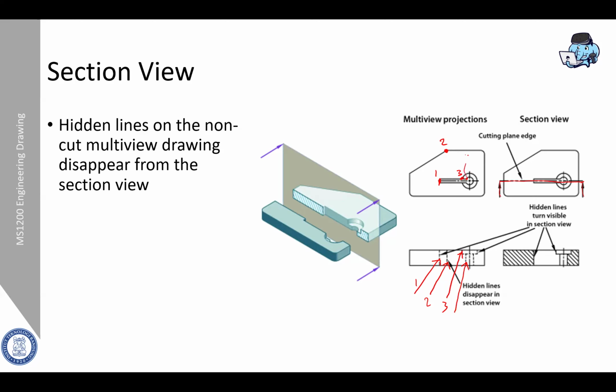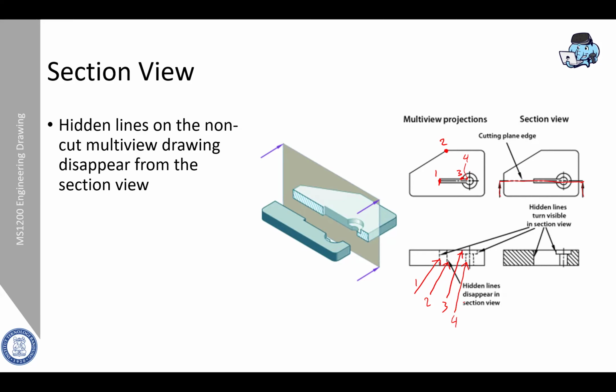So number 4. Okay, and so on. Yeah, so those hidden lines disappeared, and some of them disappeared, some of them were changed into full line.